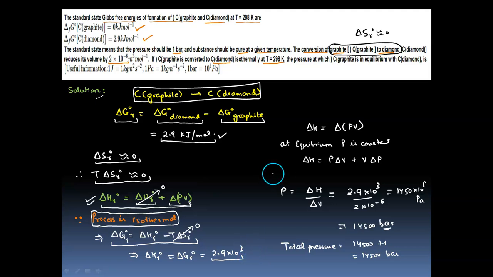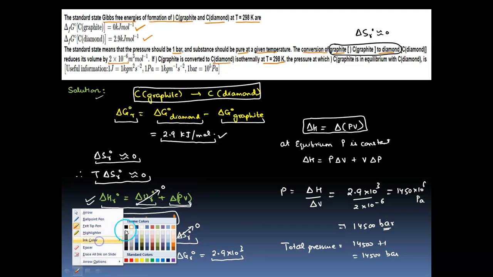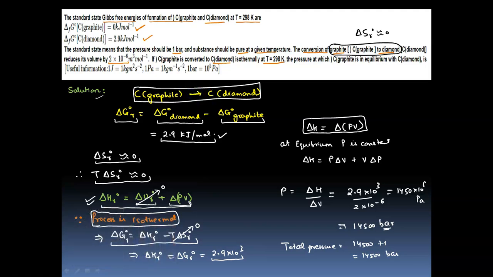Now enthalpy is defined as delta PV. We know that this is an equilibrium. The question says the pressure at which graphite is in equilibrium. So during the phase change, the pressure is constant.